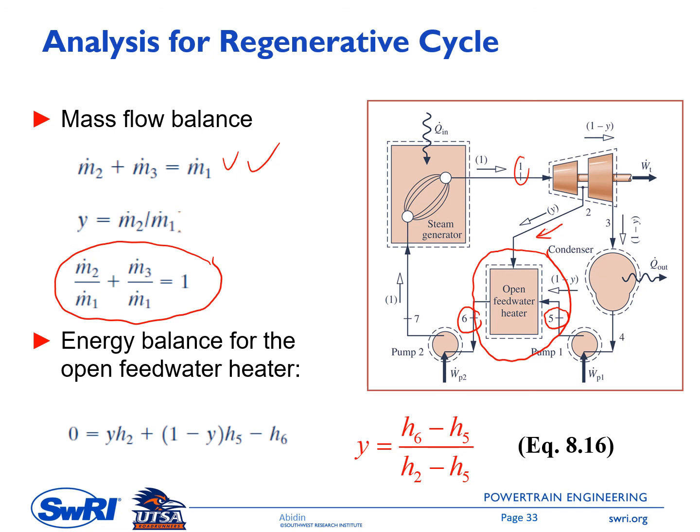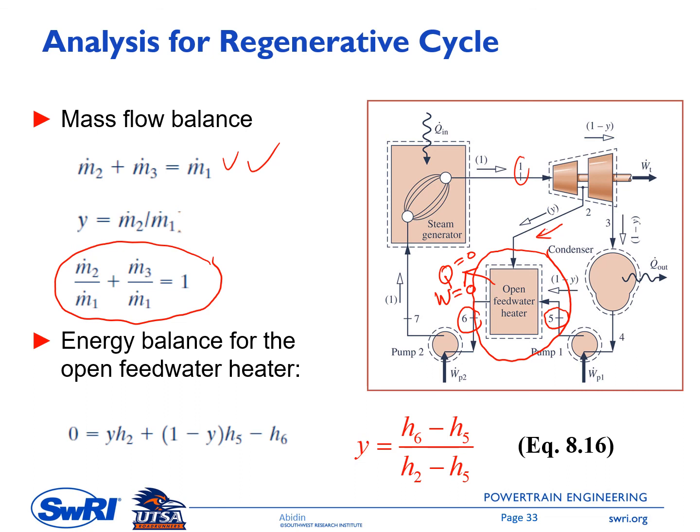And then we can apply the energy balance for this open feed water heater. In this case, we assume that there is no heat transfer out of the feed water heater to the environment, so Q equals 0, and W for sure equals 0. The only energy form here is the flow enthalpy.